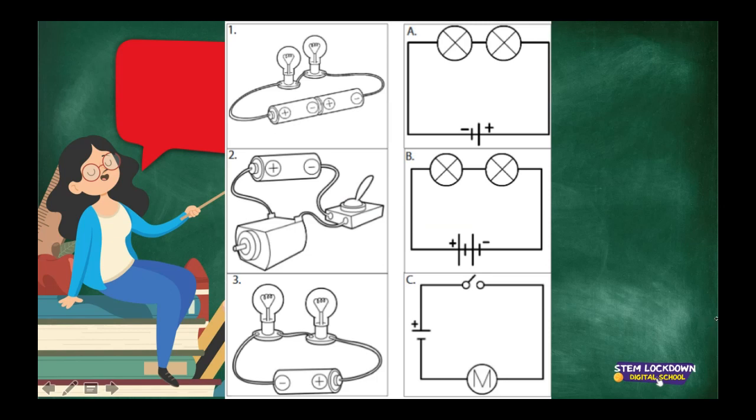Shakira says 1B, 2C, 3A, so Shakira and Karabo are pretty much the same. JD, 3A. I'm going to give you just 10 more seconds to see if any of you still have any more answers before we move on.